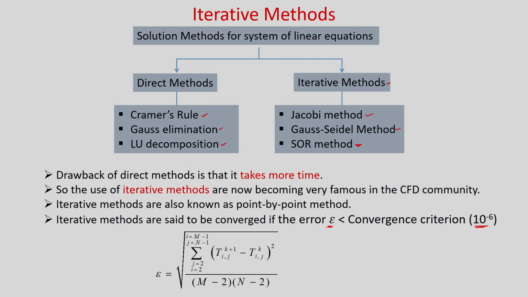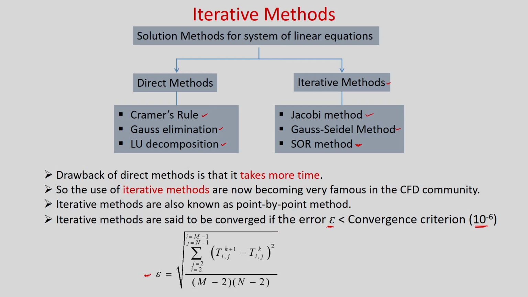So, at each point you have T i,j at k plus 1, either iteration level or time level, minus T i,j at k, whole square, and you sum it up for all the grid points. So, i equal to 2, j equal to 2 to i equal to m minus 1, j equal to n minus 1, where m and n are the total number of grid points in x direction and y direction, and divided by the total number of grid points, m minus 2 into n minus 2, and you take the square root of it, then you find the epsilon.